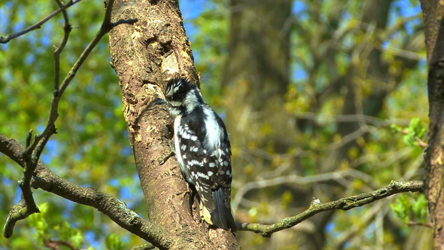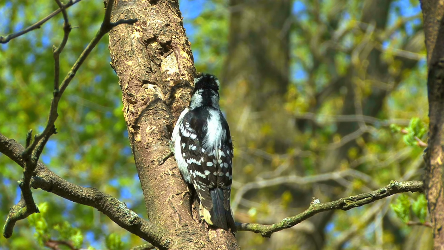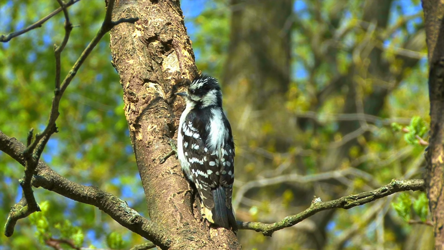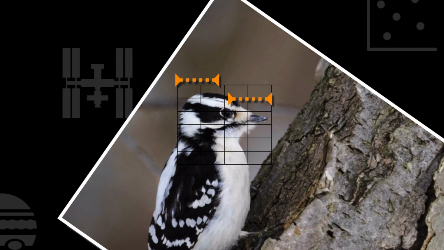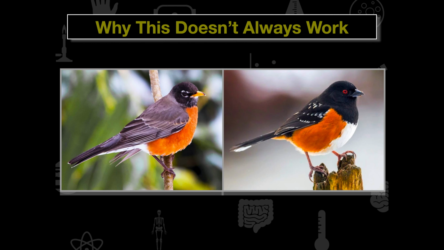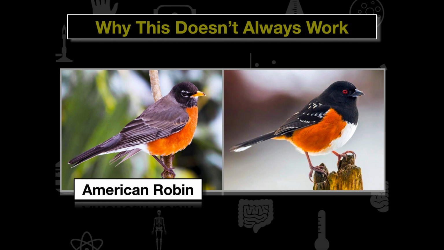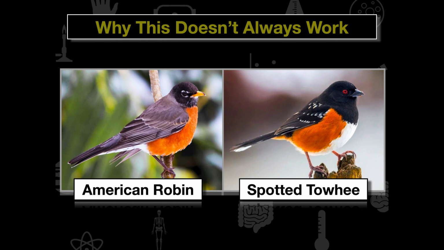These are the types of things that I'm looking for when I'm using size and shape to identify different birds. Now this is not always going to work. In this case, we have an American robin versus a spotted towhee. These two birds look very similar in shape and size. They're both about 11 to 12 inches tall. They both have very similar round shapes.